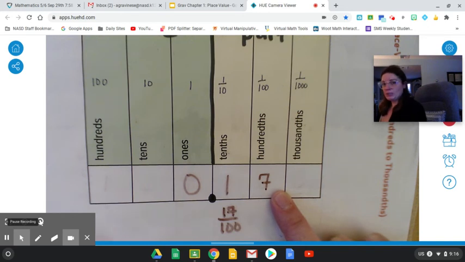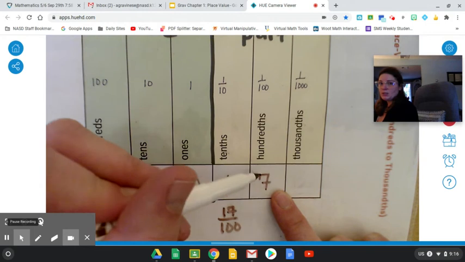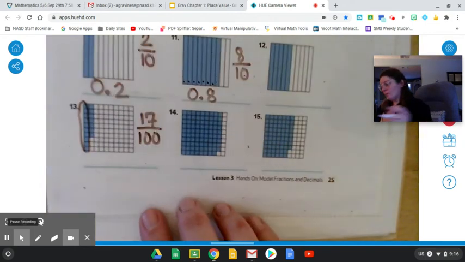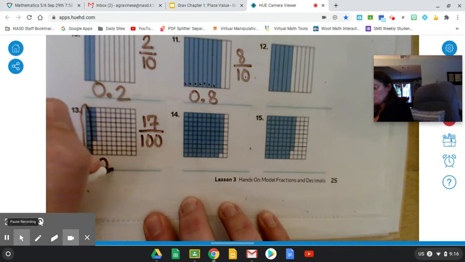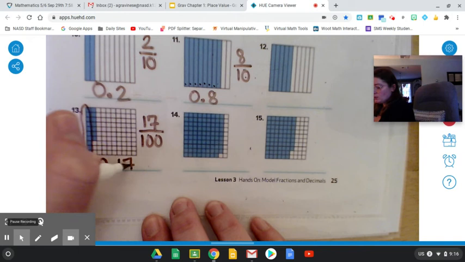So when we place that on our place value chart, we can see that we have 1 in the tenths place, 7 in the hundredths place. So as a decimal, this looks like 0, because there are 0 whole grids colored in, 0.17.